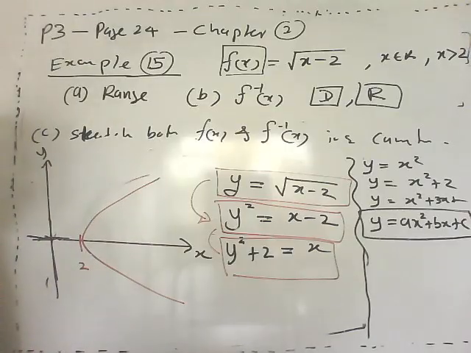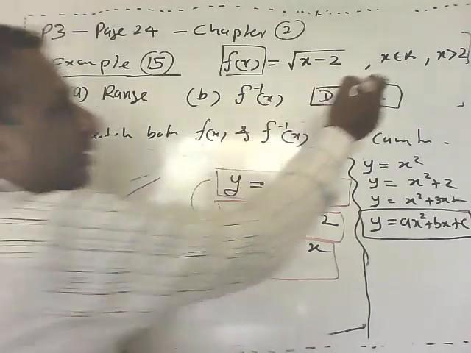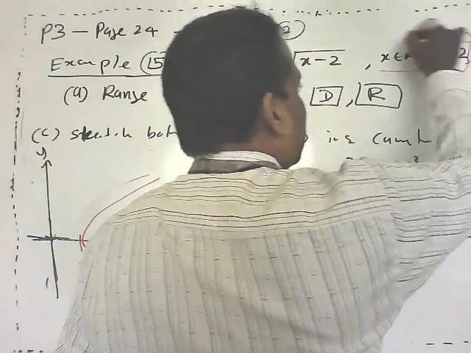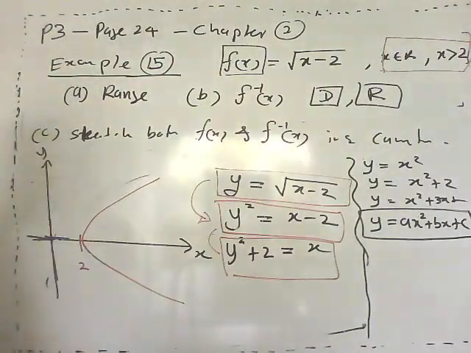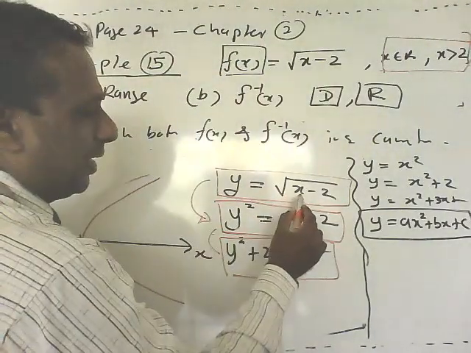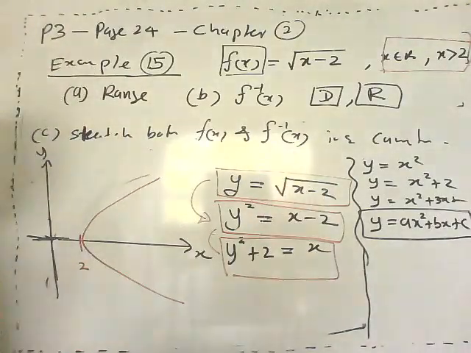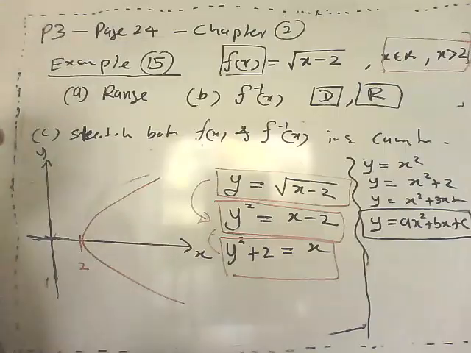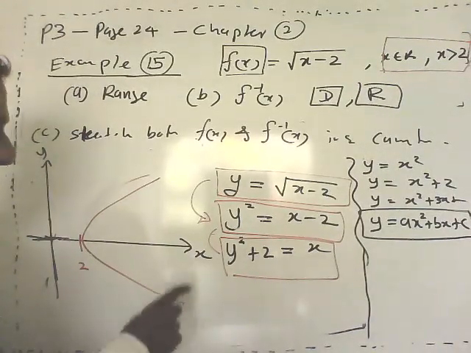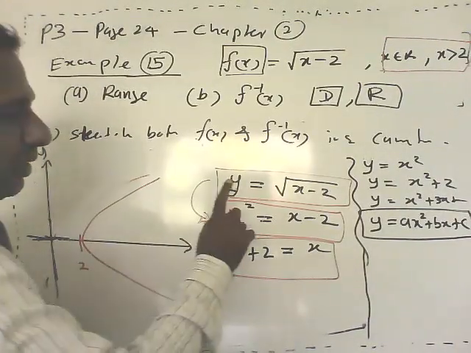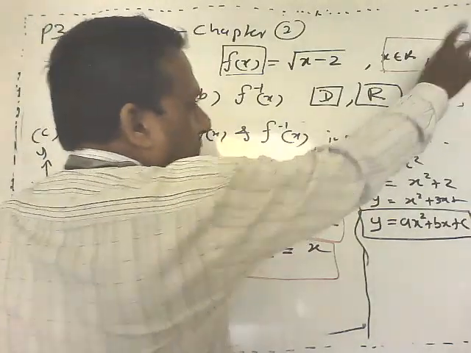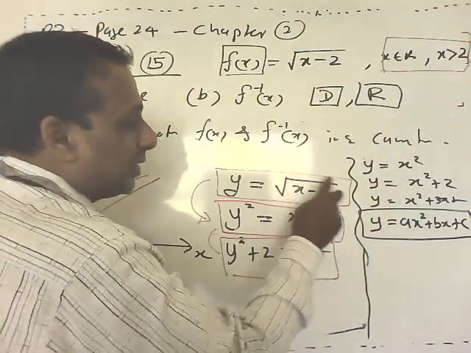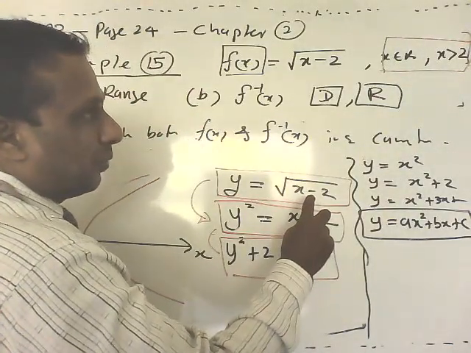But if you see the question, they have limited the x. So that means all the x values will always be more than 2. Now we have trouble. When we take this graph, always greater than 2, this is going to be a positive value.